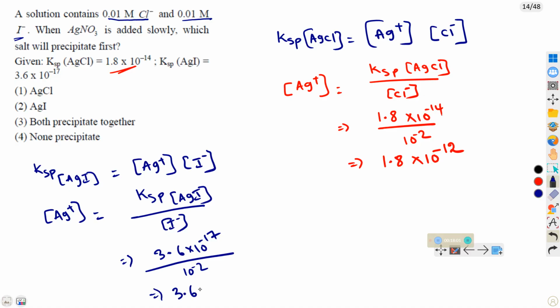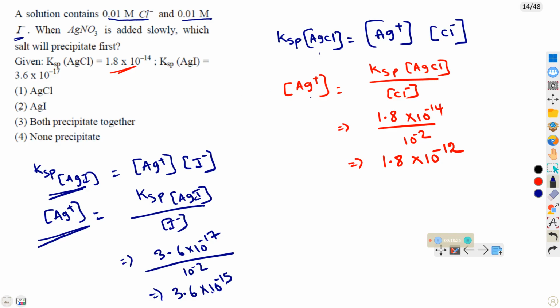Simplify, 3.6 into 10 power minus 15. Now observe the point here. In AgI, Ag plus ion concentration is low compared with the Ag plus ion concentration in AgCl.